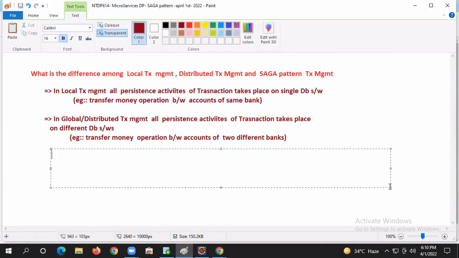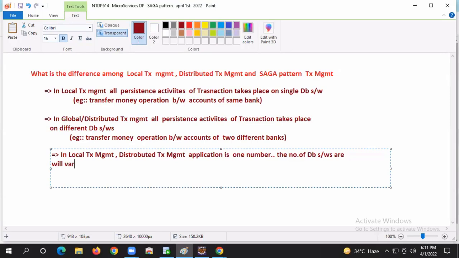In local transaction management or distributed transaction management, the application is one in number. The number of database softwares will vary. You'll be having only one application, guys.